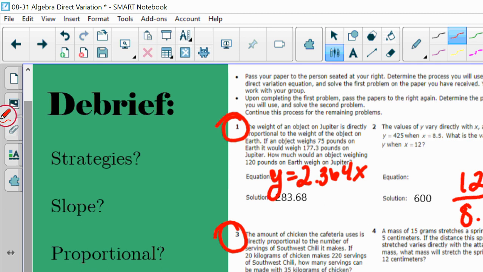And then I got 1.4116. I times that by 125, and I got 600. So she found her unit rate, yes? Okay, so what would my equation be if this is my unit rate?